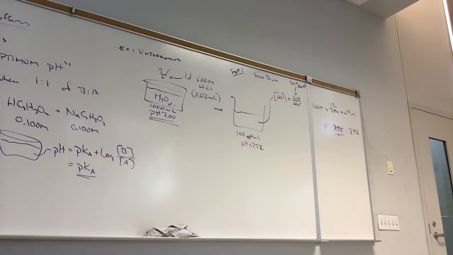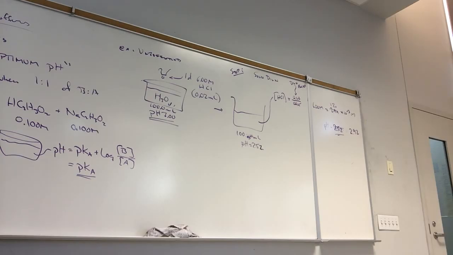If I made a buffer like this, I put in some iodic acid and sodium iodate, in a 1-to-1 mixture in terms of concentration, it could be 0.100 molar to 0.100, so 0.1 over 0.1, or 1 molar over 1 molar, or half molar, half molar. It's the same concentration, equal molar parts of acid to base. Then I'm going to get a pH of 0.80. And when you think about that, that's quite acidic, isn't it? But we'll see a wide range of pHs here.